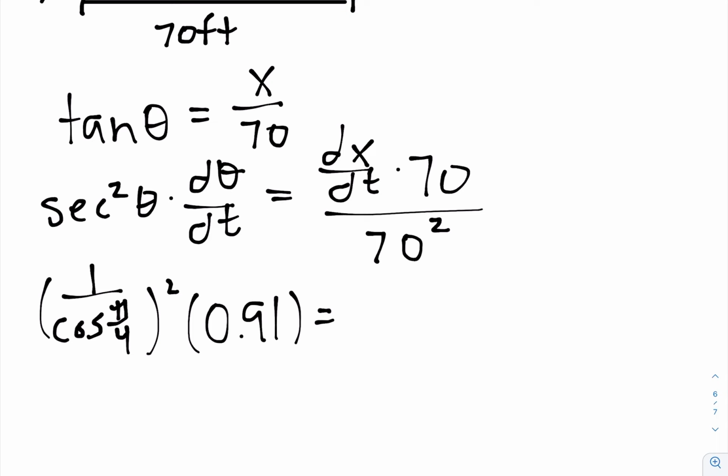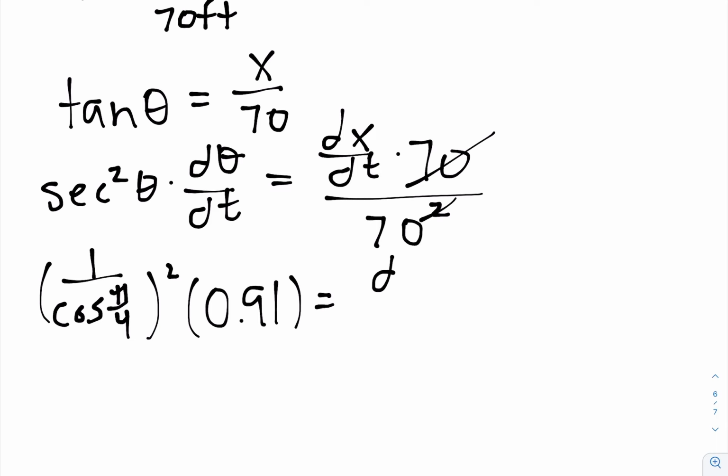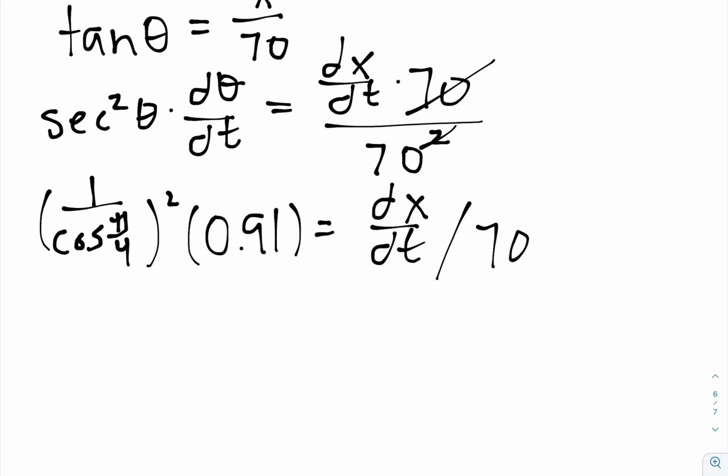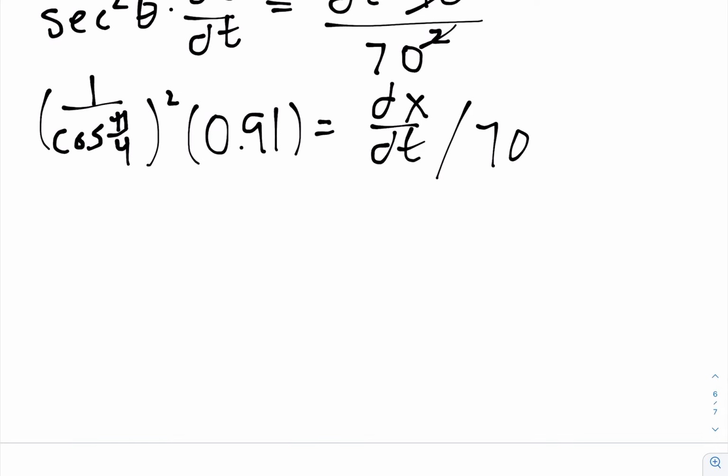Okay, and this can simplify, the 70 and the 70 squared will cancel, so it'll be dx by dt divided by 70. So we're just going to take 1 over cosine pi over 4. Cosine pi over 4, remember that's going to be root 2 over 2.